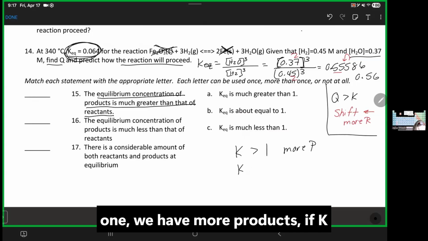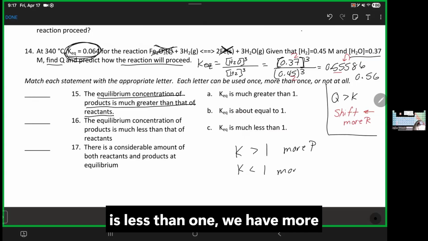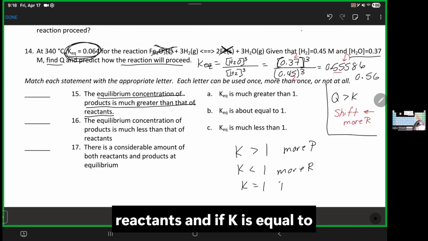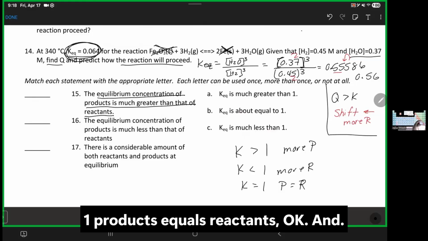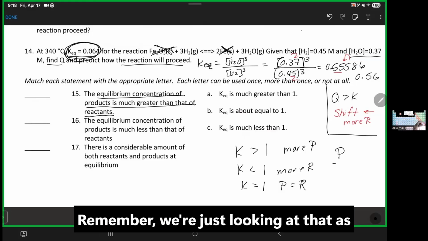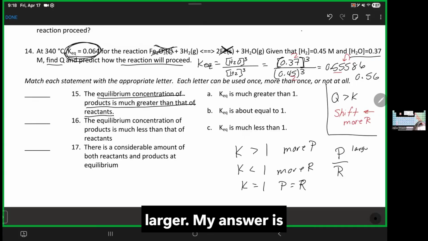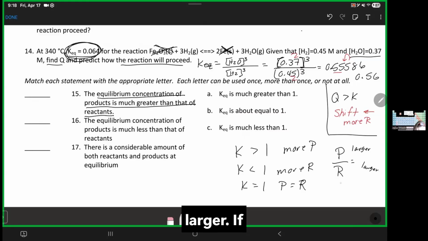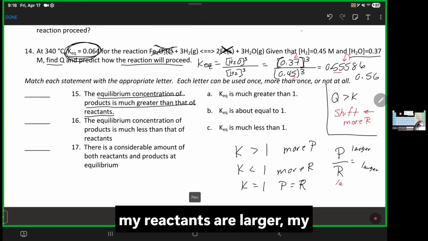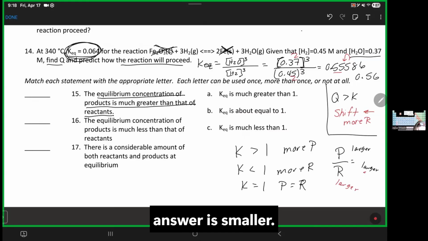If K is less than 1, we have more reactants. And if K is equal to 1, products equals reactants. Okay, and remember, we're just looking at that as products over reactants. If this is larger, my answer is larger.